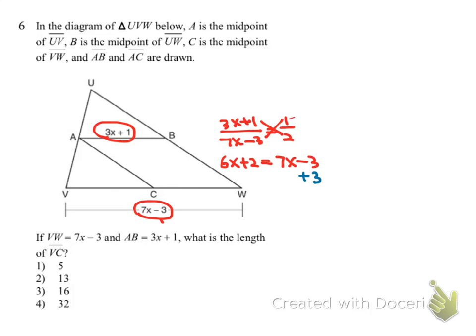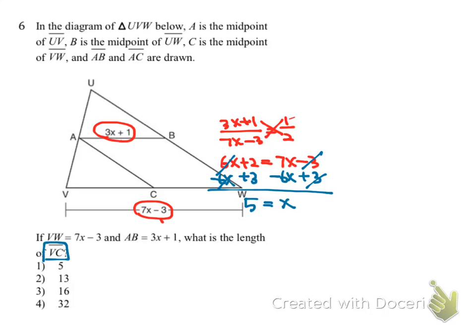Then here we can add 3 to both sides and subtract 6x from both sides. Then we end up getting x here, these cancel out, equals 5. X equals 5, but we're not done yet because what we are looking for is VC.